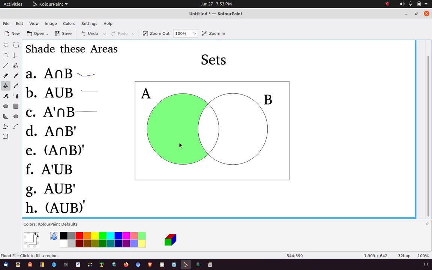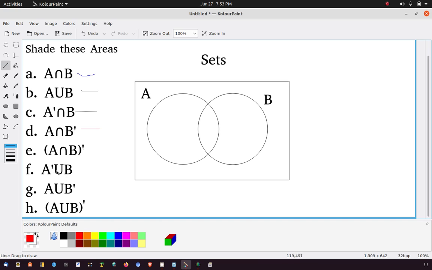So what you have is this area outside here. It is in A, and it is also in B complement. And it's the only area that is in A and B complement at the same time. Good.